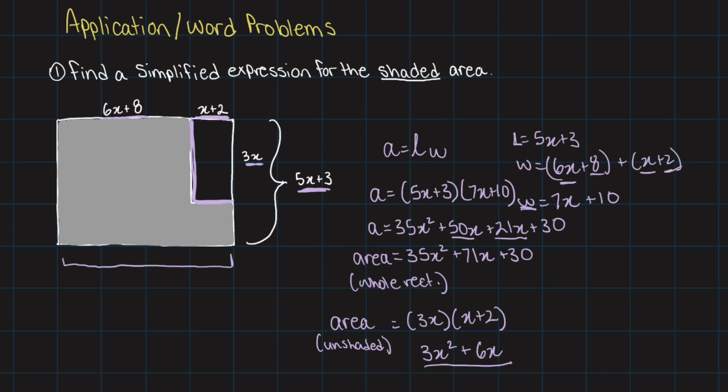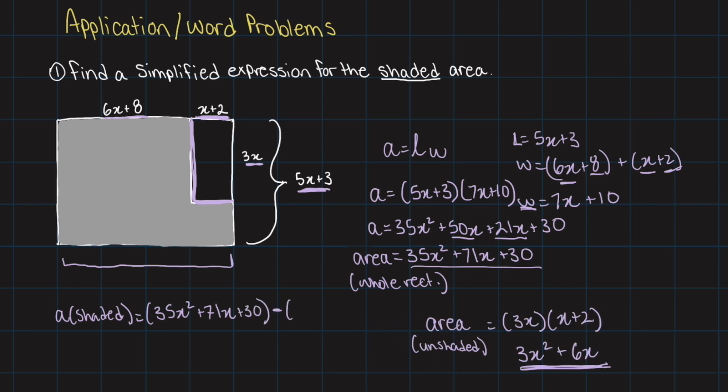Now to find the expression for the shaded part, we just subtract: 35x squared plus 71x plus 30 minus 3x squared plus 6x. We're just subtracting, so again we collect like terms. We have 35x squared and negative 3x squared, right?